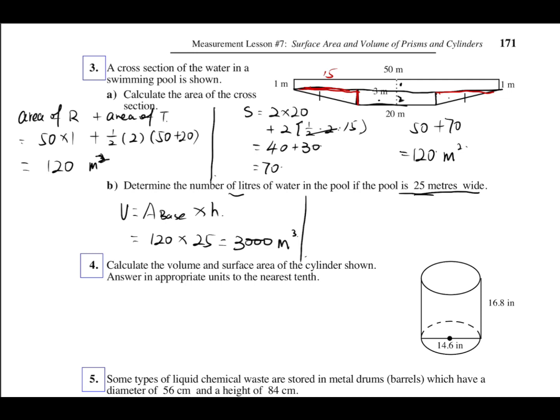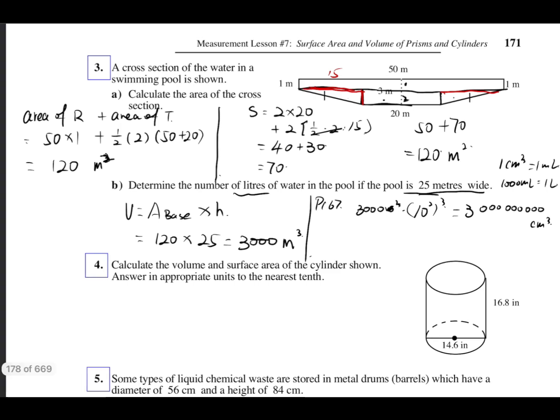Then the question asks for liters, and on page 167 you have the conversion. 1 cubic centimeter equals 1 milliliter, and 1000 milliliters equals 1 liter, so we change into centimeters first. So it's 3 million cubic centimeters, and then we divide by 1000.